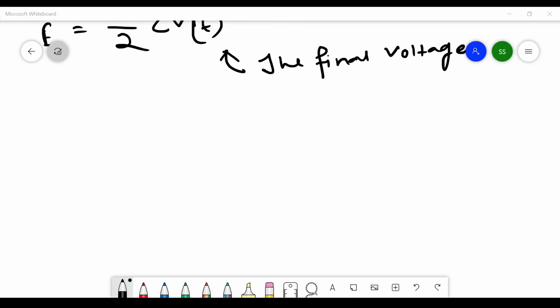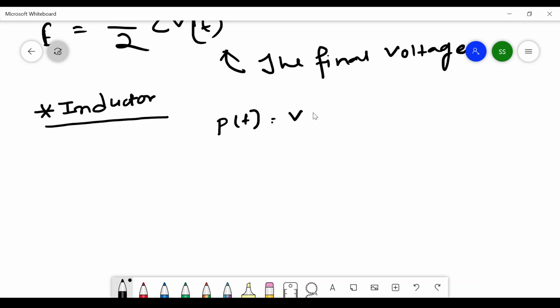Now the next element we will be discussing is the inductor. The power equation for the inductor is like this. In place of v, I will say L di/dt.